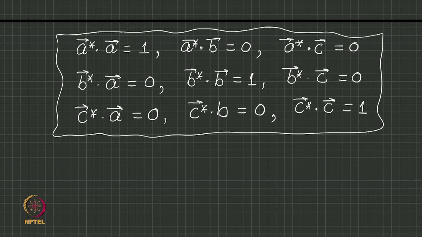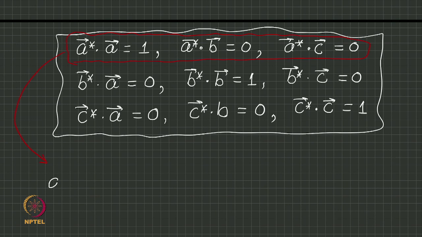To find A star, let us see which relations are involving A star: the first row. Only the first row has A star in it. The second row has B star and the third row has C star. So, let us explore whether we can have an explicit formulation for A star using these three relations.